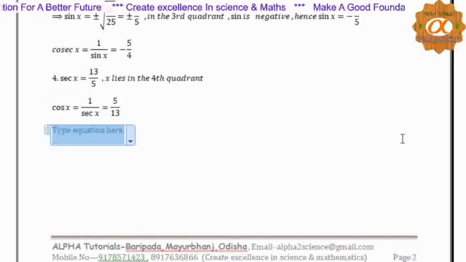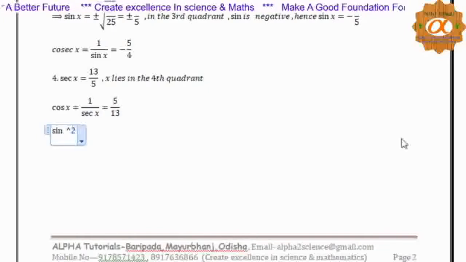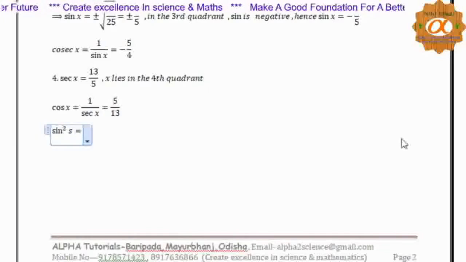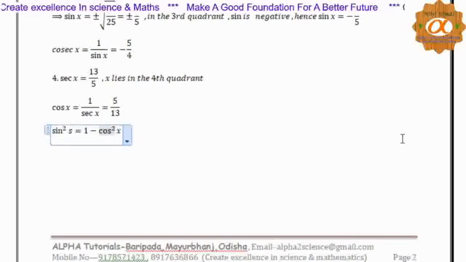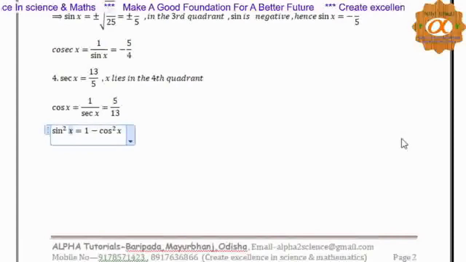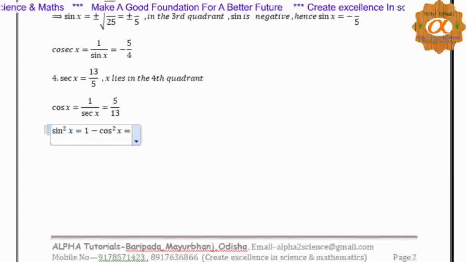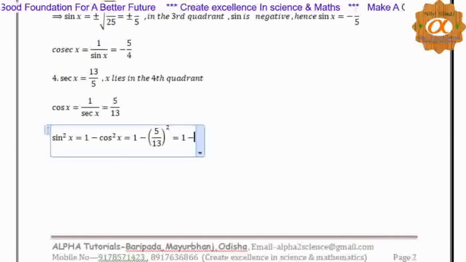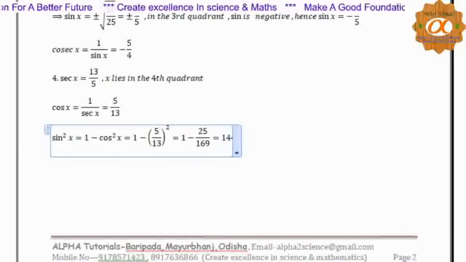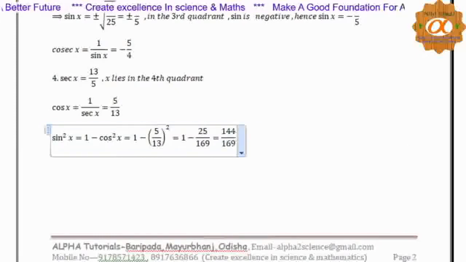Now we can calculate sin square x. Sin square x is equal to 1 minus cos square x, that is equal to 1 minus (5 by 13) whole square, that is equal to 1 minus 25 by 169, that is equal to 144 by 169.